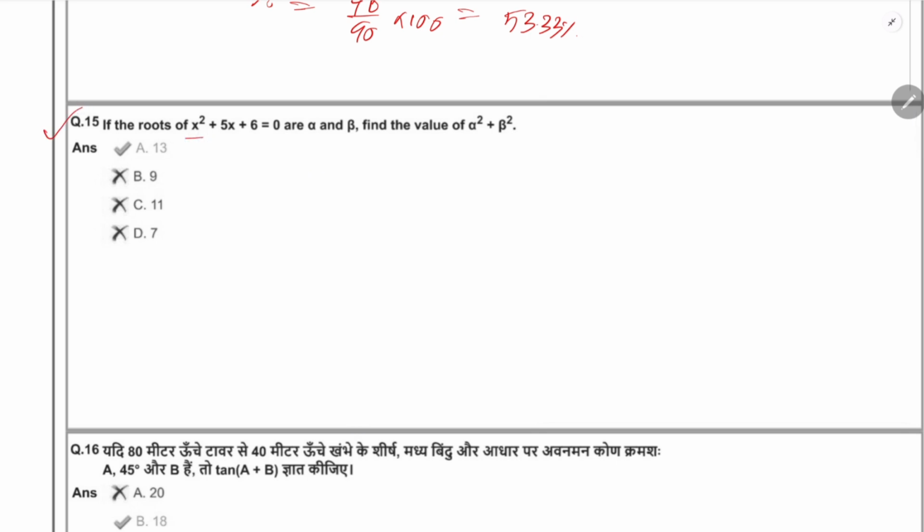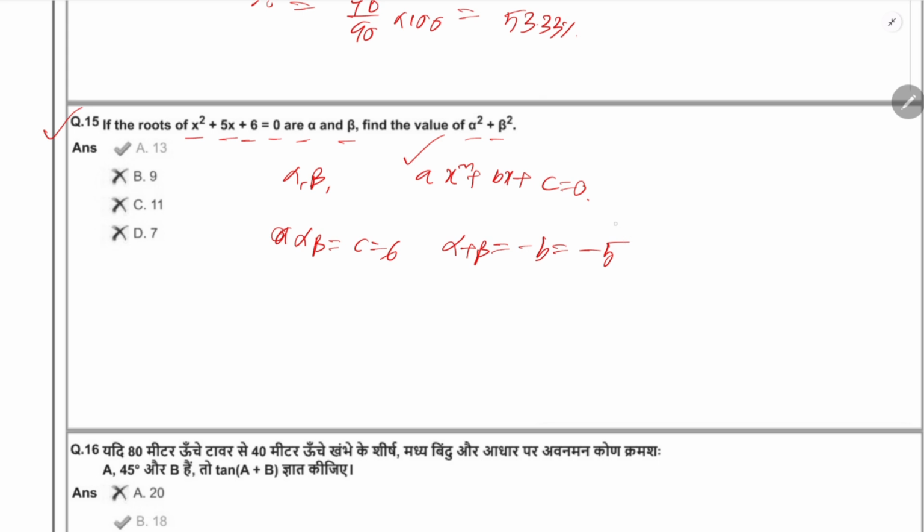The question number 15. The roots of x square plus 5x plus 6 equals 0 are alpha and beta. Find the value of alpha square plus beta square. If the two roots are alpha and beta, then treating it as ax square plus bx plus c equals 0, the general form of the equation, alpha into beta is equal to c is equal to 6, and alpha plus beta is equal to minus b is equal to minus 5.